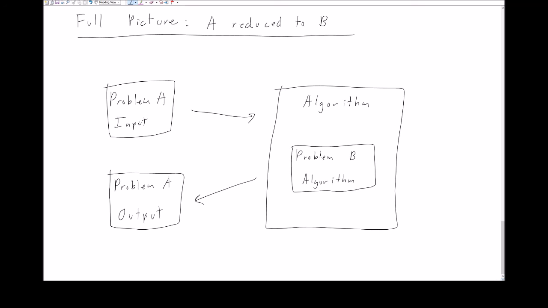But in general, we're going to have some problem, problem A, and we're going to generate some algorithm that uses an algorithm for problem B as a subroutine to generate output for problem A. In our case, our algorithm was very specific. It transformed the input and transformed the output. It can be more general, but usually we're going to do input and output transformations.